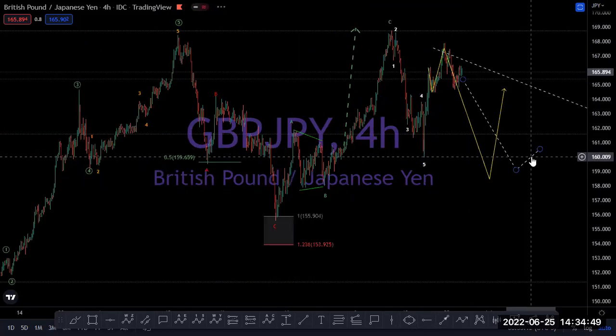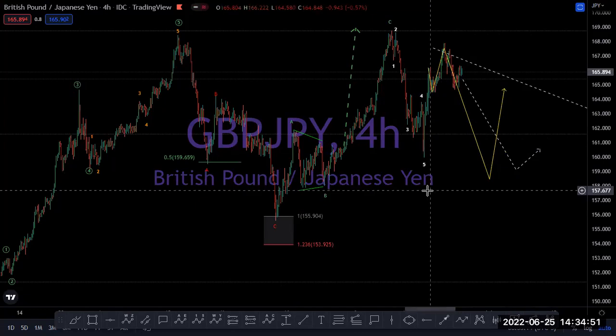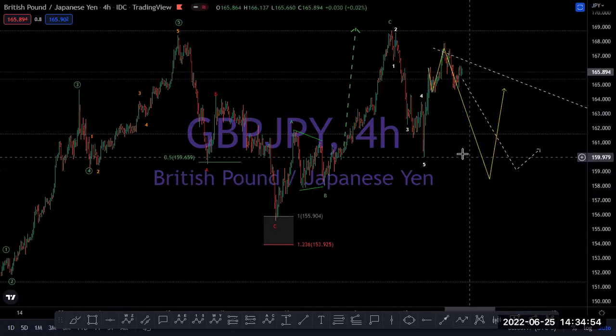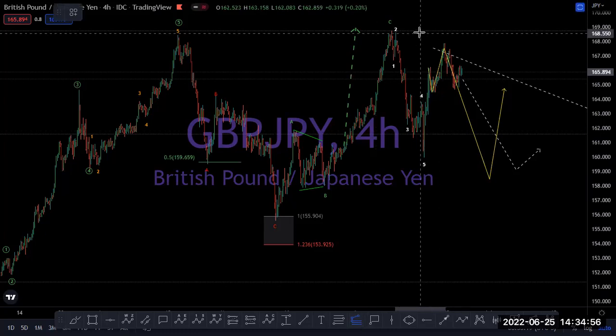After this drop, we now buy again. Okay, so this is what we are looking for.